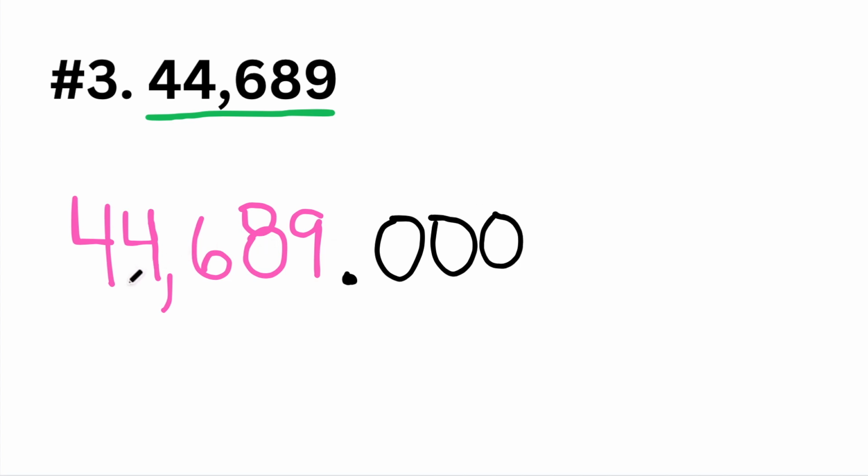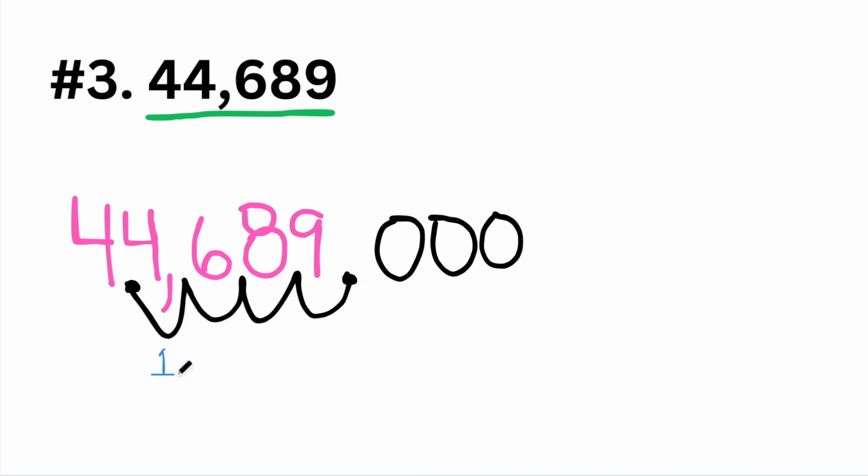So after I do that, I'm going to put my decimal in between the first two numbers, which are the two fours. And that indicates where I'm going to move my first decimal point to.